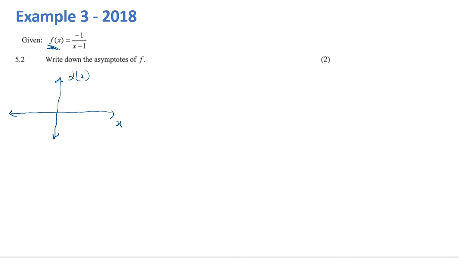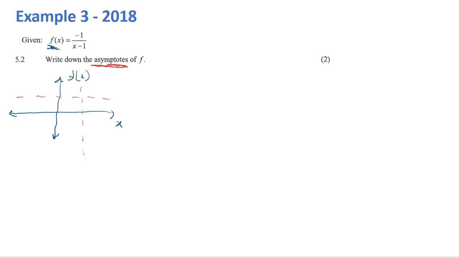The first thing you can think of intuitively is that a function can potentially have a vertical asymptote, but it can also have a horizontal asymptote. So as you answer this question, it's important to keep in mind that you can define both vertical and horizontal ones.